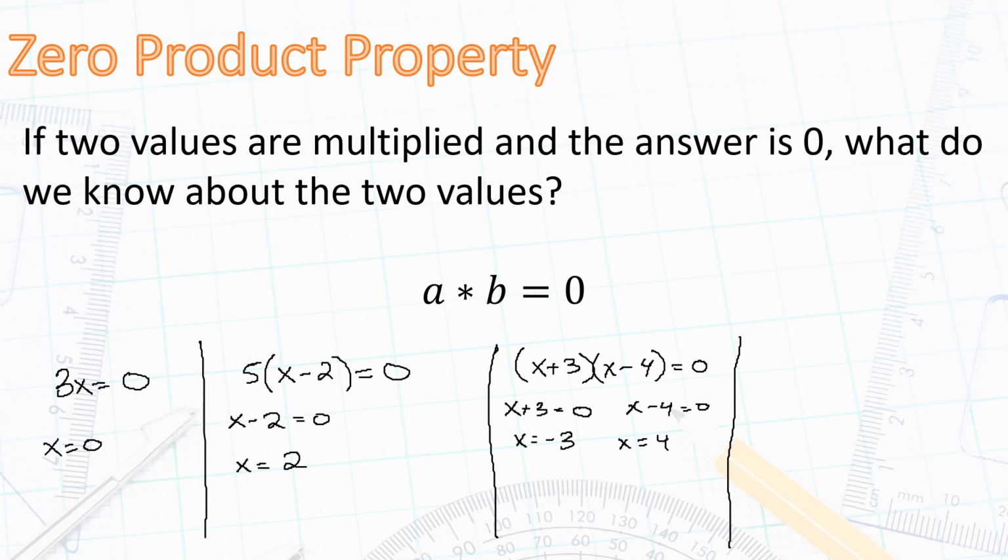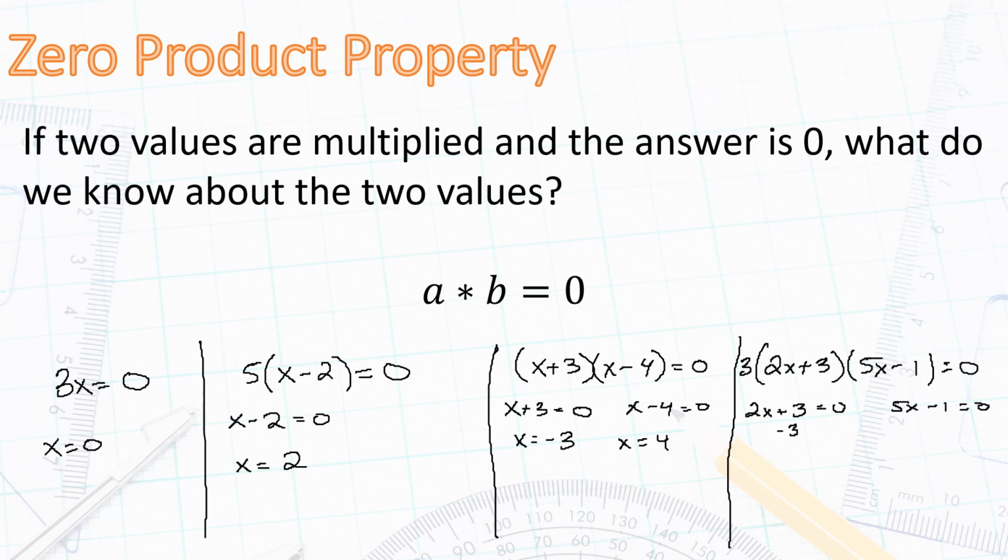And then final scenario, it'll look just like the previous one, but you might have something like 3 times 2x plus 3 times 5x minus 1, and that's equal to 0. Say maybe we were able to pull out a greatest common factor first, so there's a 3 out here. So 3 terms multiplied, answer 0. 3 can't be 0, but 2x plus 3 could equal 0, and 5x minus 1 could equal 0.